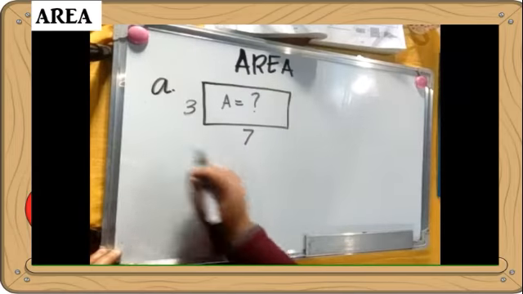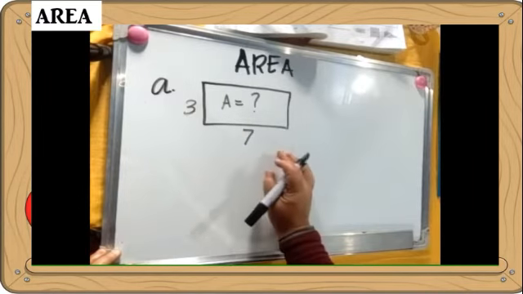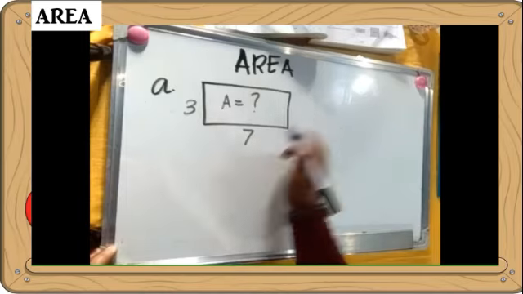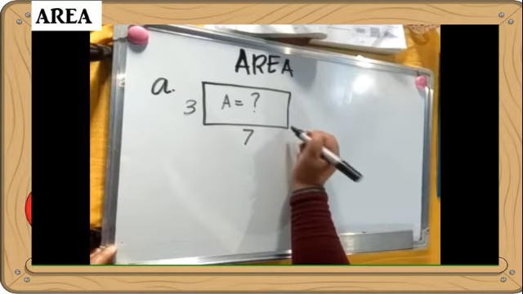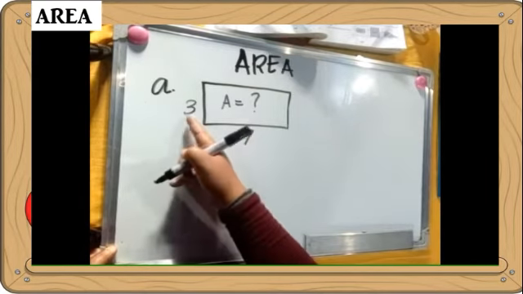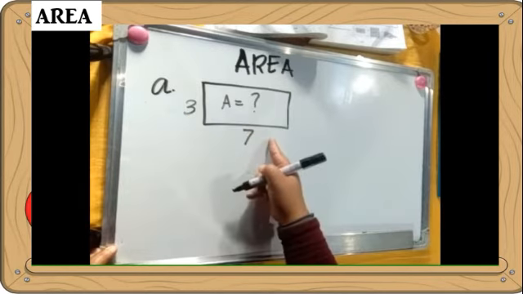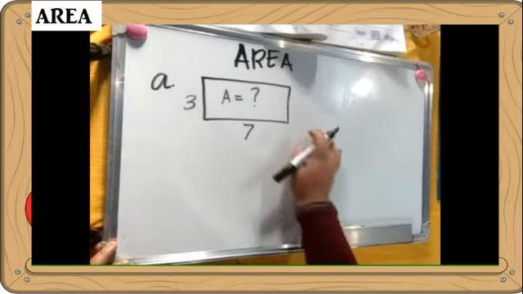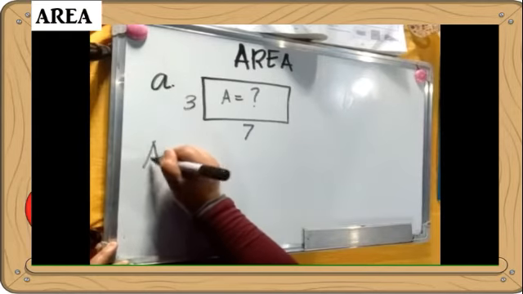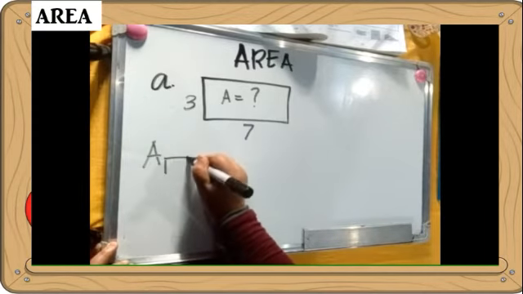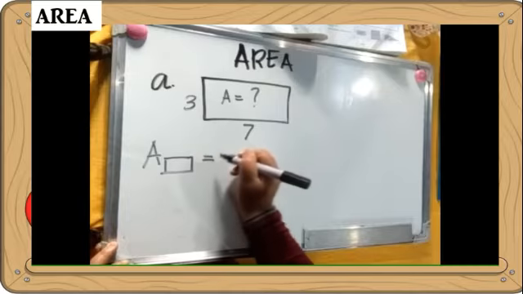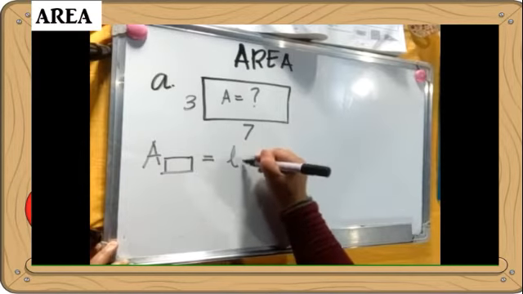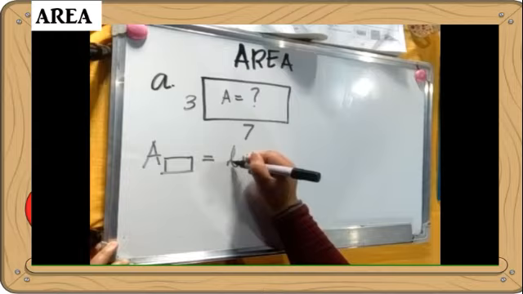Let us have example letter A in area. So, we have the figure. It is a rectangle. So, we have the dimension. Width is 3. Ang iyahang length is 7. So, how to get the area of a rectangle? So, unsay formula in getting the area of a rectangle class? We have length times width or LW.